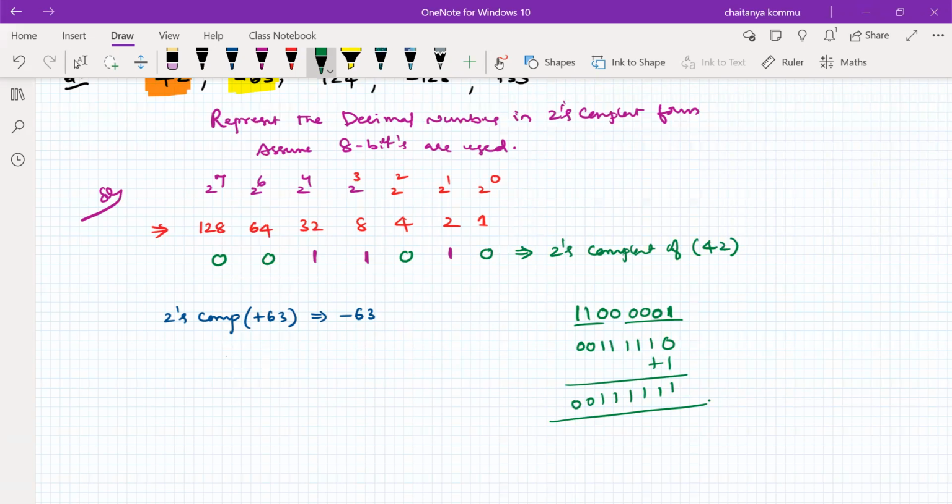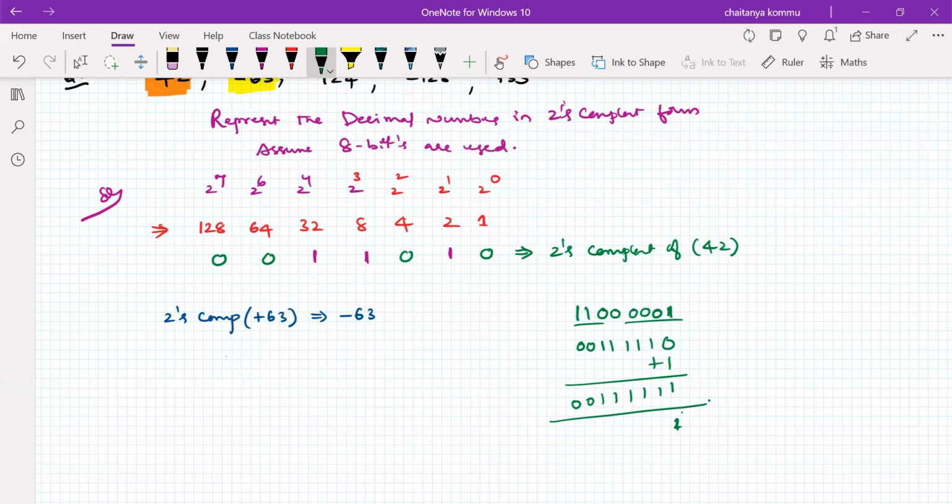Anyone help? I need minus 63. Is it possible to represent minus 63? How do we represent it? What is its value then? You please try to do this.